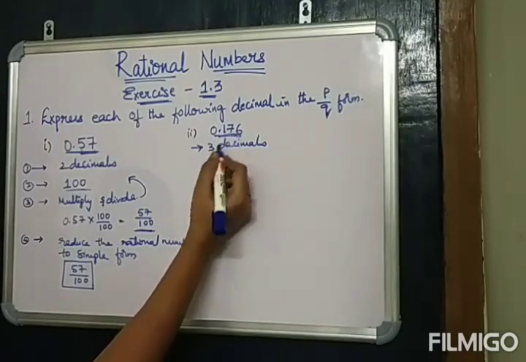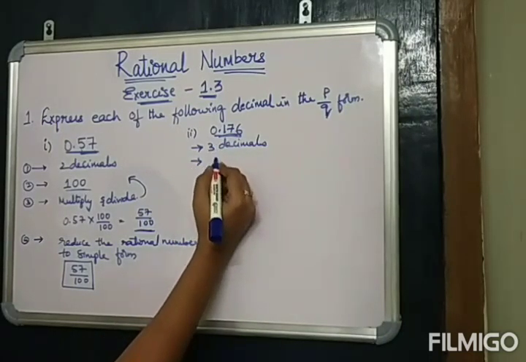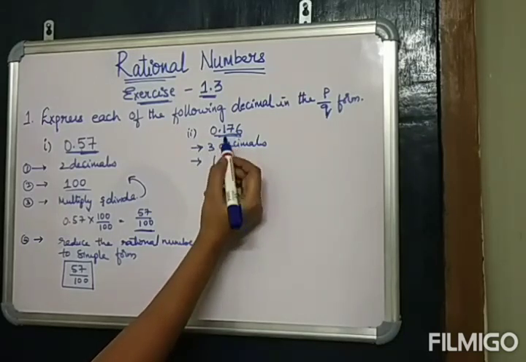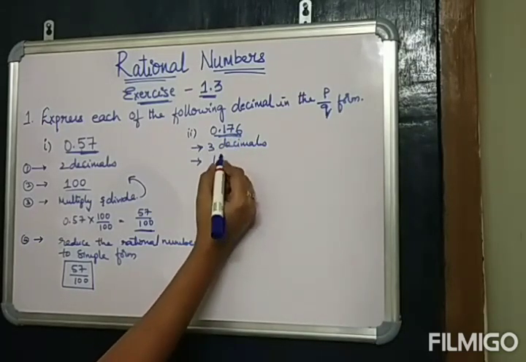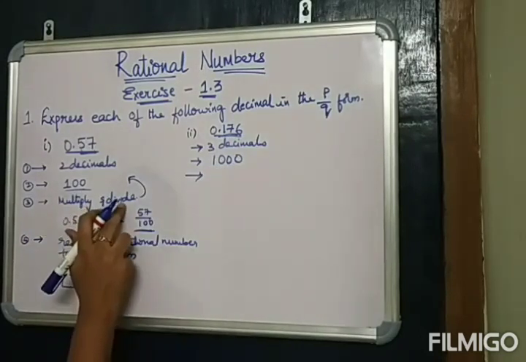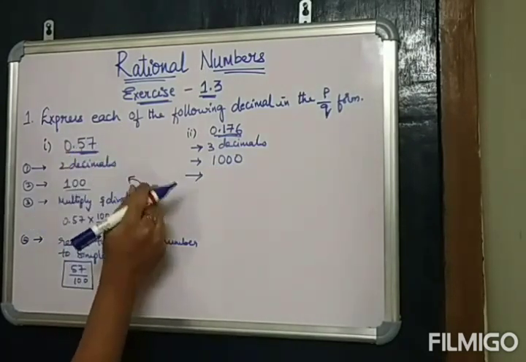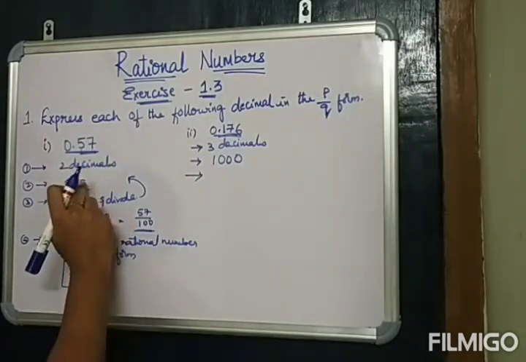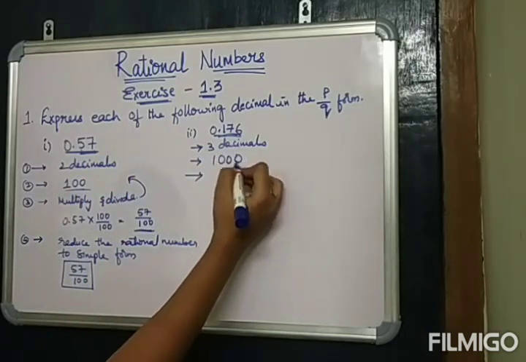In that question there are 3 decimal places. The second step means 1 is annexed with as many zeros, here we are taking 3 zeros, means 1000. Third step, multiply and divide the given number with the number obtained in the second step.